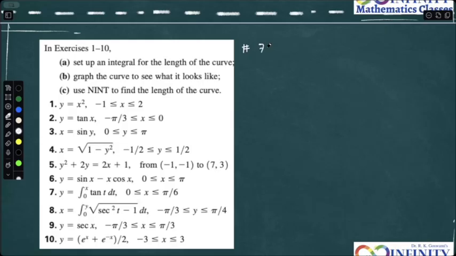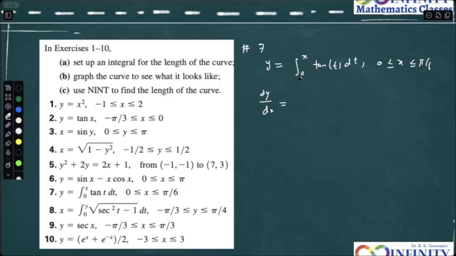In 7, you have y equals the integration from 0 to x of tan t dt. And the range of x is given as 0 to pi by 6. This is a curve. I need to get the arc length. For getting arc length, I need the derivative. And you must have done the fundamental theorem of calculus.